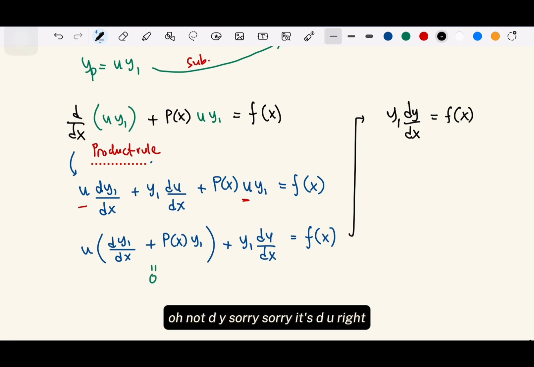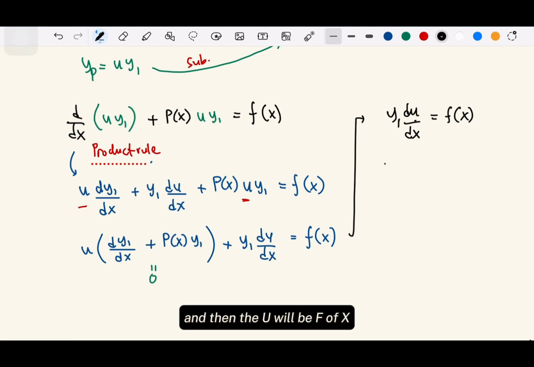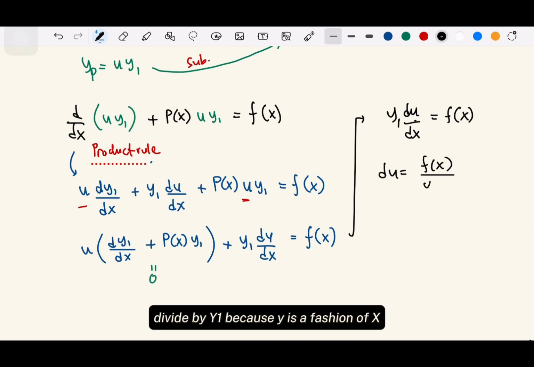Oh, not dy, sorry, it's du, right? And then du will be f of x divided by y1, because y1 is a function of x. Let me write y1 as y1 of x. Okay.